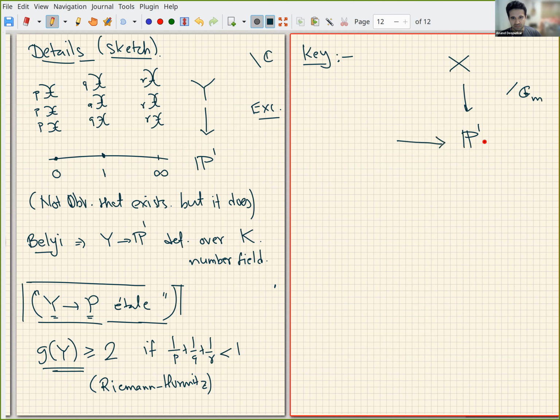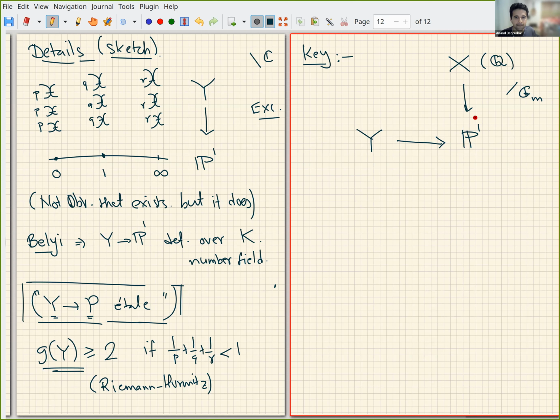But to remedy that, we've taken this curve Y to P1. So the key idea is the following, and what we're interested in is, let's say, rational points of X, or integer points, it's not the same.